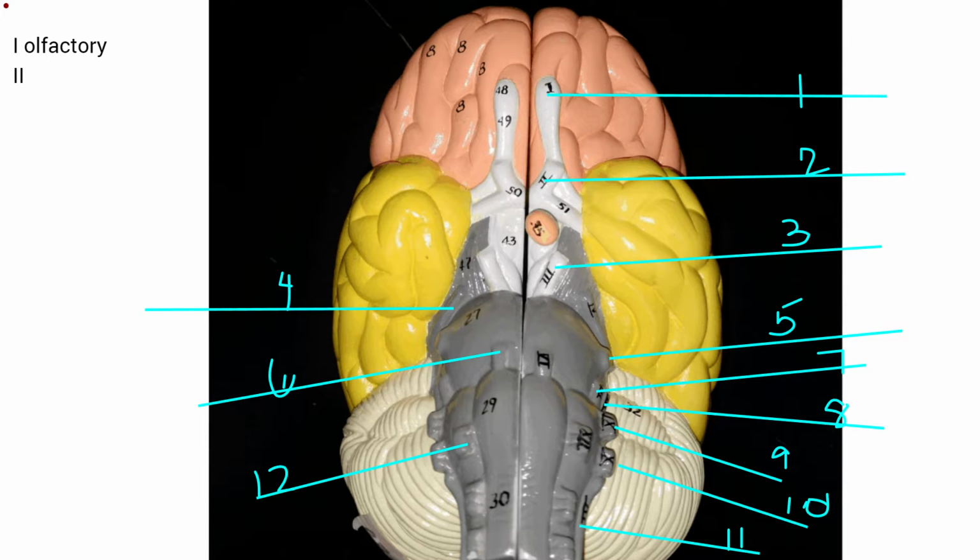And then 2 is optic. And then 3 is ocular motor. And then 4, trochlear. And then 5 is trigeminal.